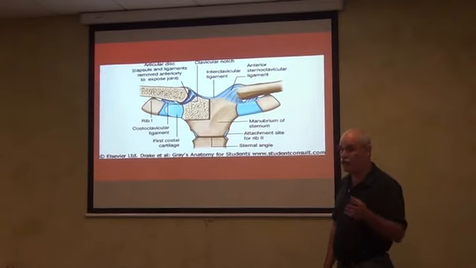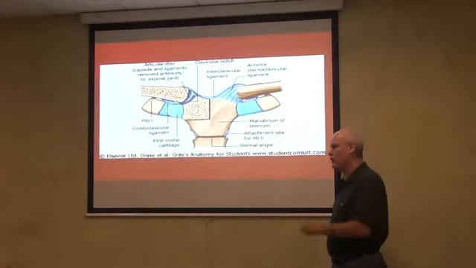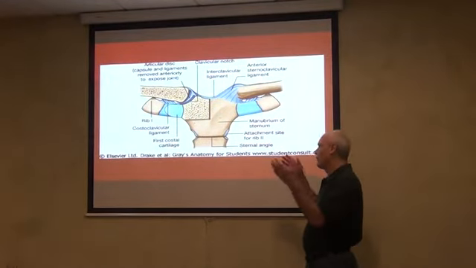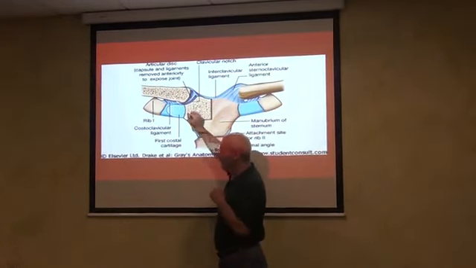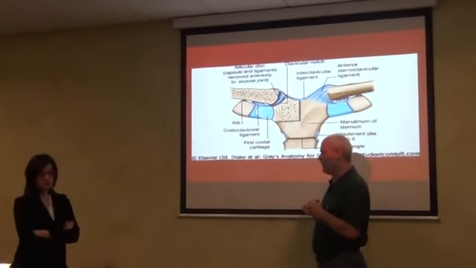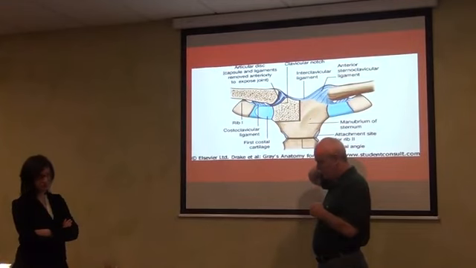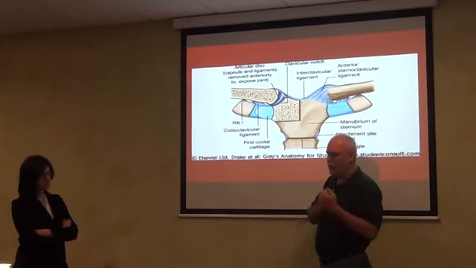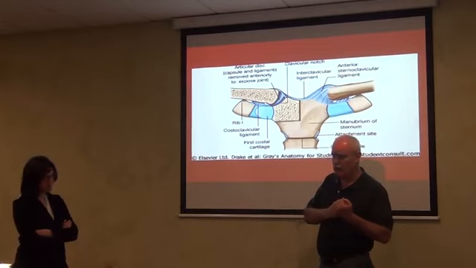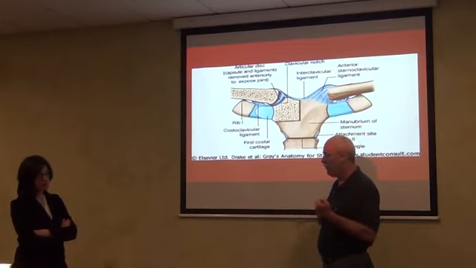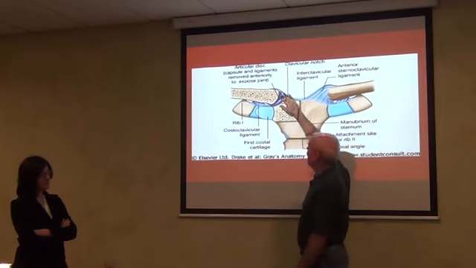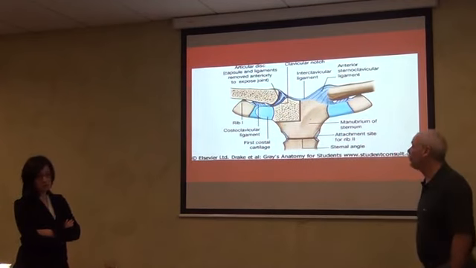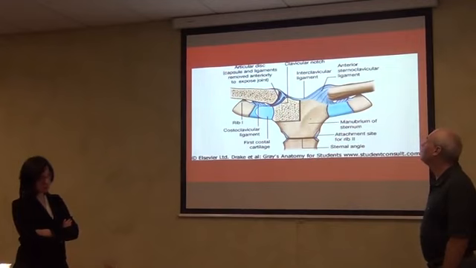We may have Golgi receptors inside the joint capsule, and we may have Golgi receptors from the non-capsular ligaments, located above, below, and in the middle area of the joint.